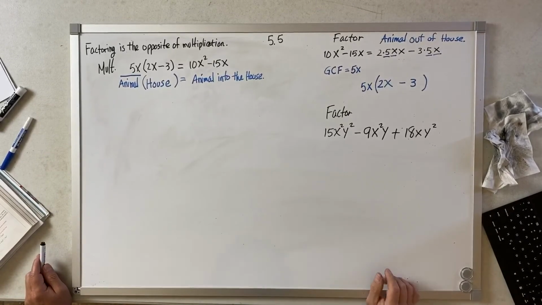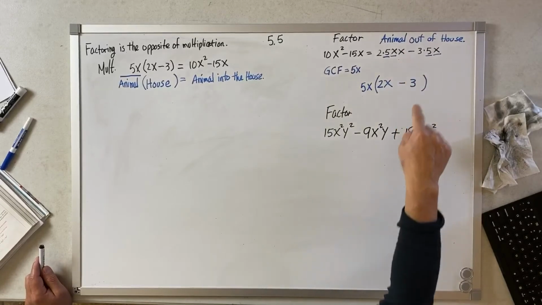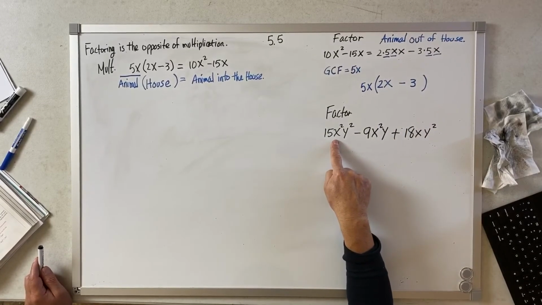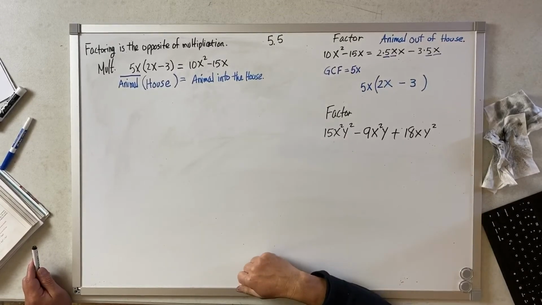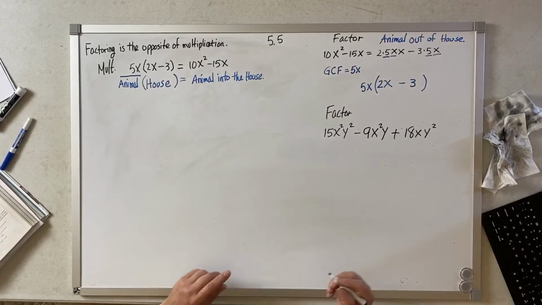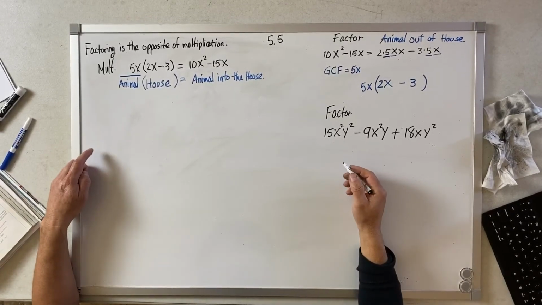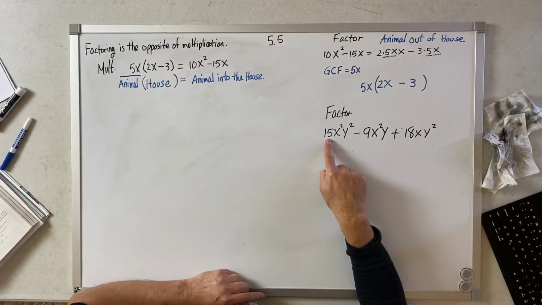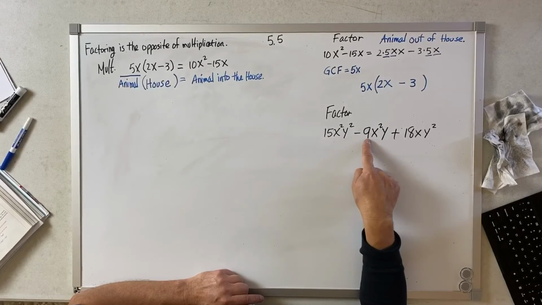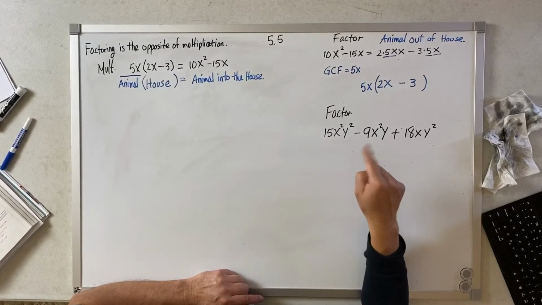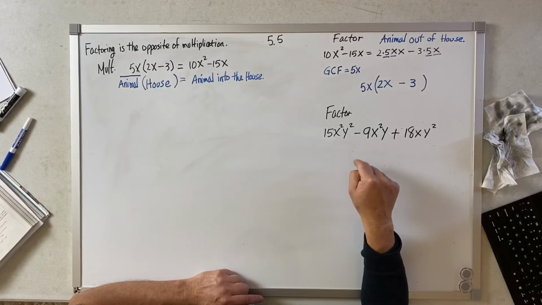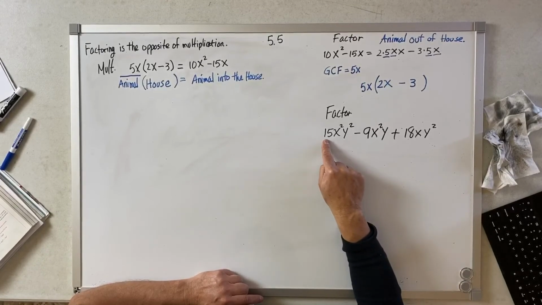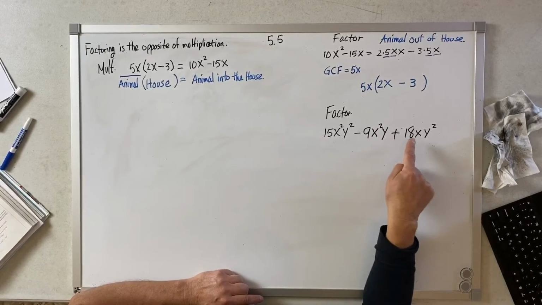Okay? We can do it the long way. The long way is by taking each term and factoring each term completely. You can do it like that if you want to. Okay, no problem. The fast way is by just concentrating first on the coefficients, the 15, the 9, and the 18.